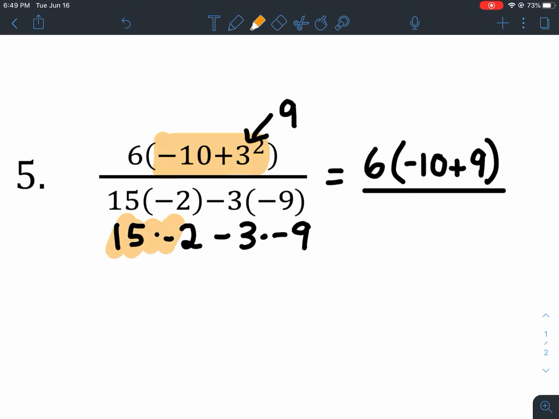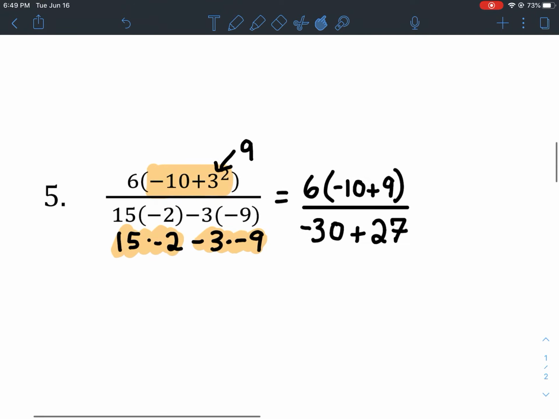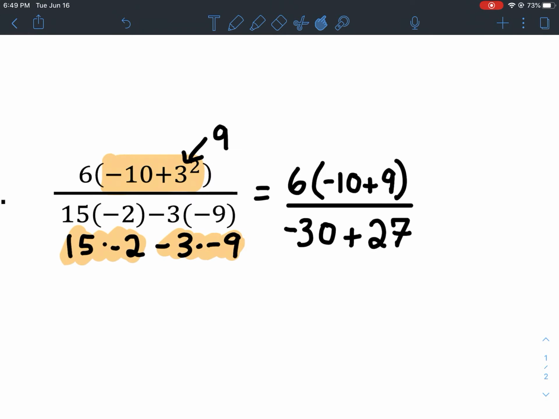So I have 15 times negative 2. 15 times negative 2 is negative 30. And I'm going to do my negative 3 times negative 9, which is positive 27. And if you feel you don't need to take this many steps and you can simplify it a little bit faster, feel free to do that.